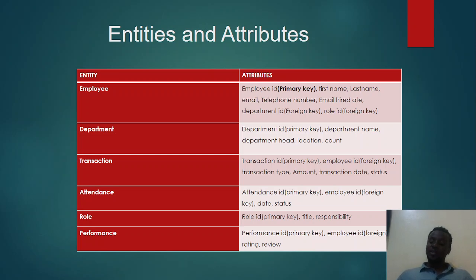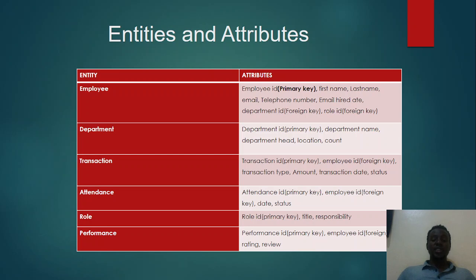The transaction entity has a transaction ID, the employee ID for the person for whom the transaction is being carried out, the transaction type, the amount, the transaction date, and the status, whether it is complete or not complete. We have the attendance entity.